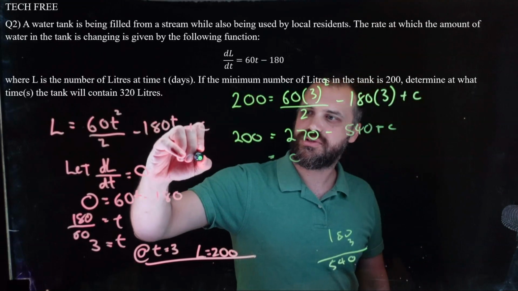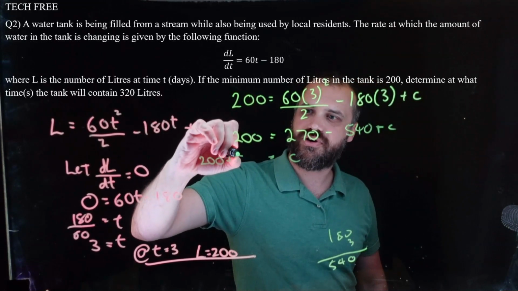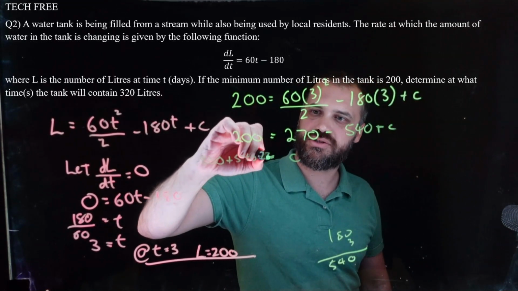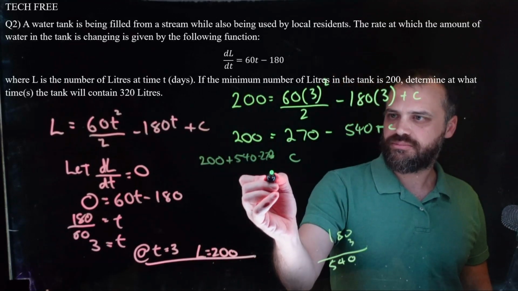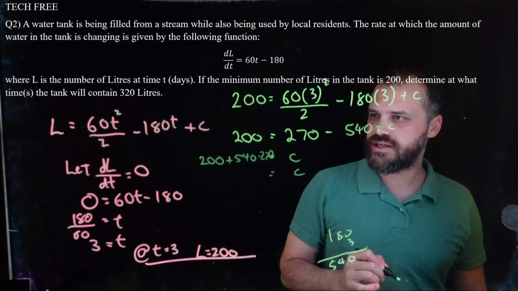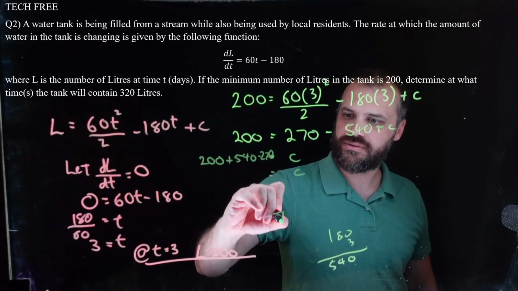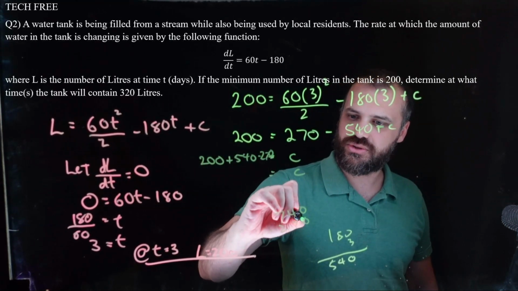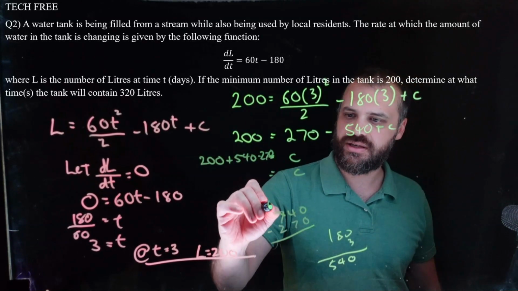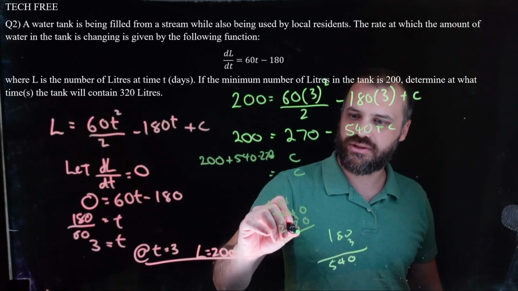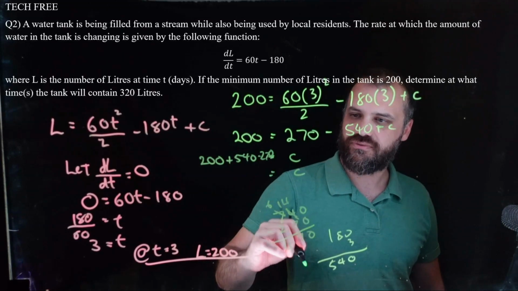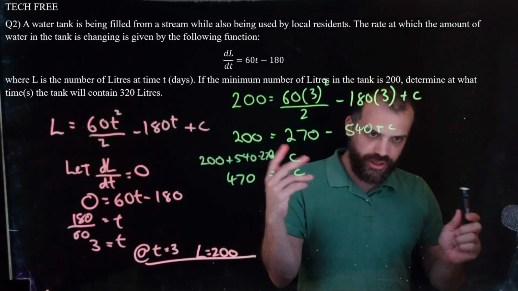C equals 200 plus 540 minus 270. Bit of a mess there. C is equal to 740 minus 270, which is 470. All right, it's pretty much over now.